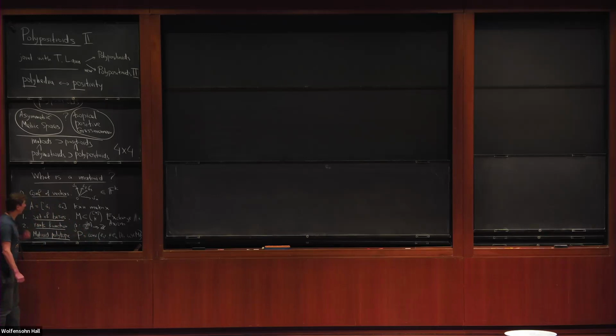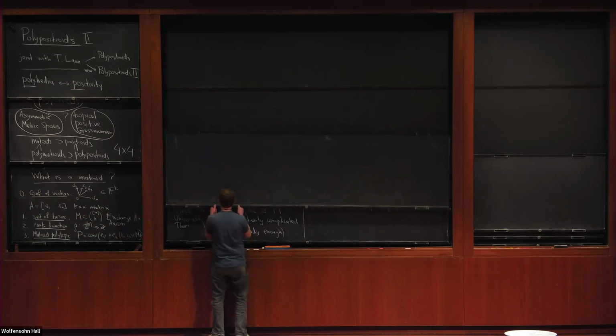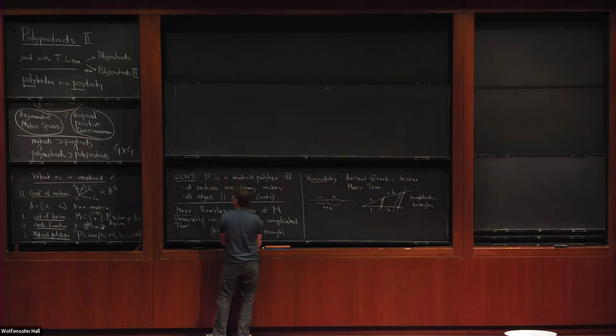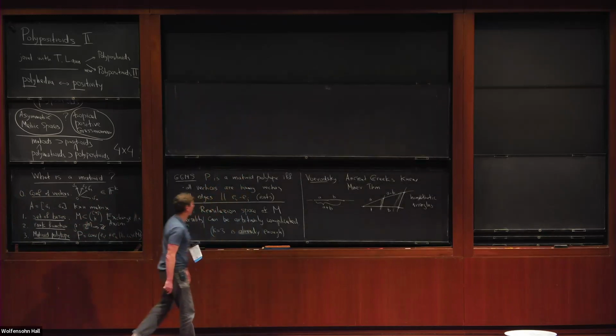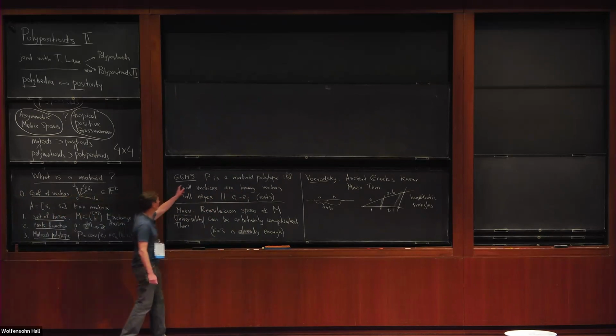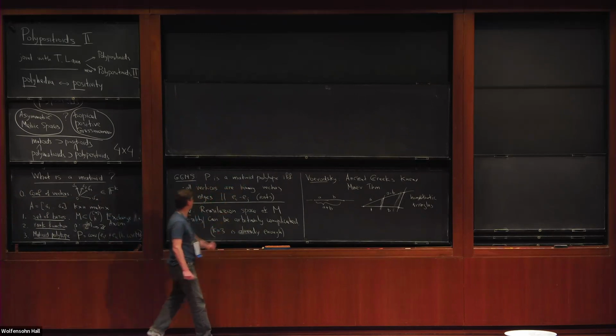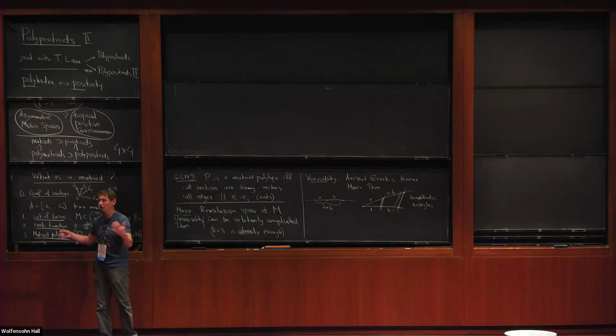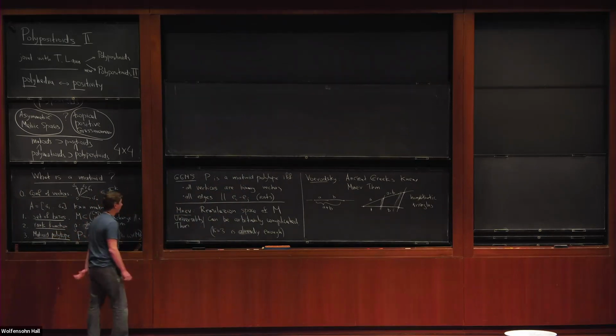And let me maybe briefly mention that for number 3, there is again a very nice characterization of these polytopes, which is due to Gelfand, Goresky, MacPherson, Serganova. A polytope is a matroid polytope if and only if all vertices are binary vectors, which is kind of immediate from the definition.